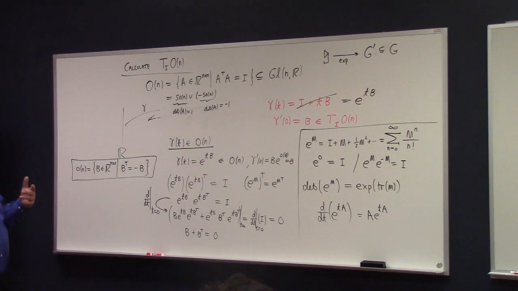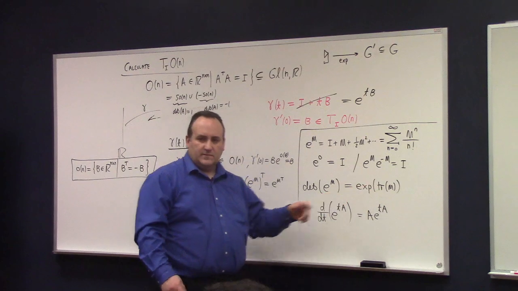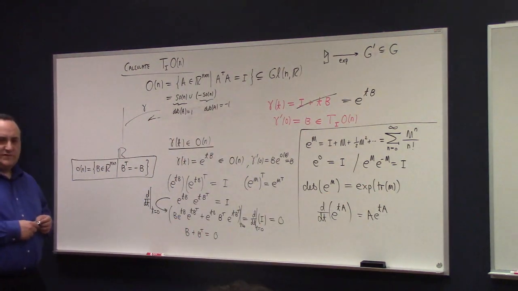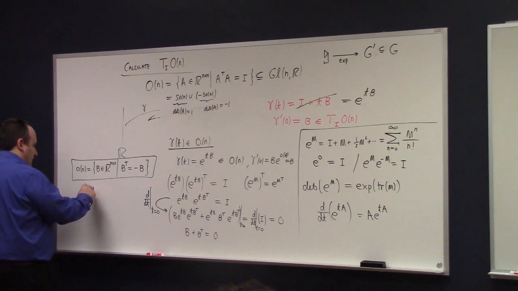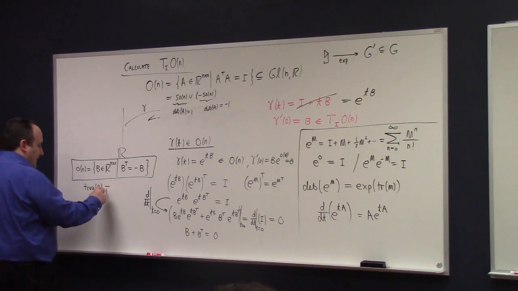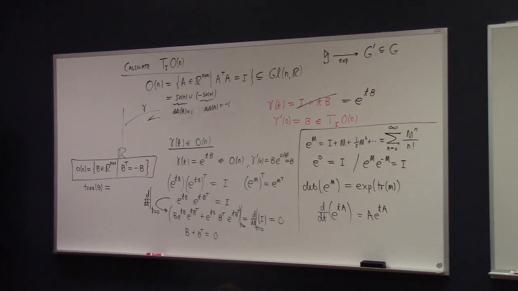But notice this identity over here. The determinant of the exponential, see that? What's the trace of B here? So what is the trace, though? Do you know what the trace is?